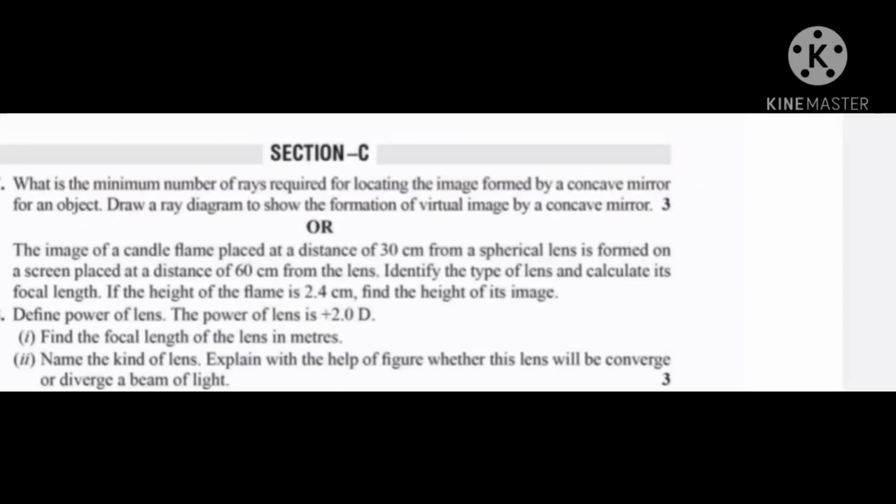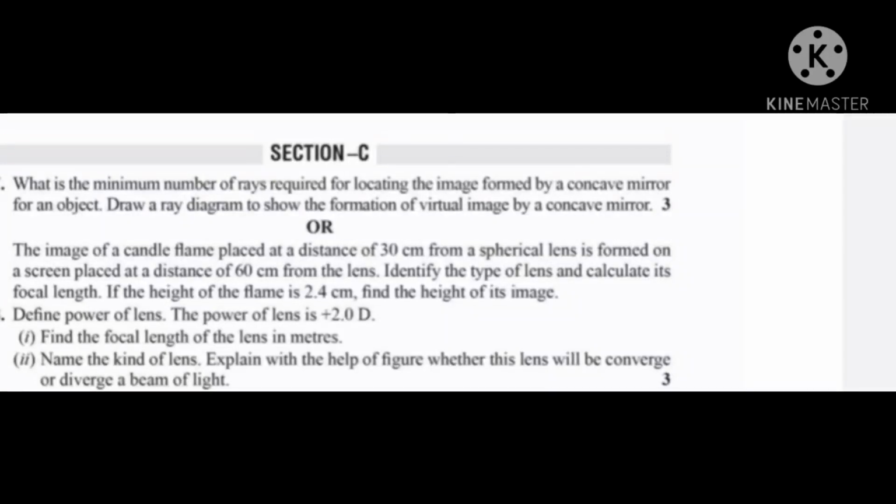Okay, it's a usual question, and for the questions related to this type of numericals, whether it is for a mirror or lens, you should be thorough with it. So practice more questions. Okay, this is a question based on the lens equation, 1/v minus 1/u equals 1/f.